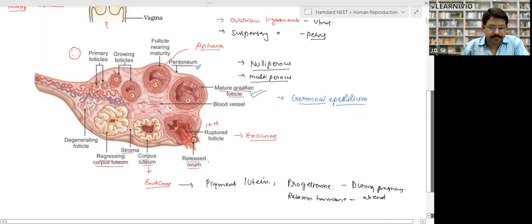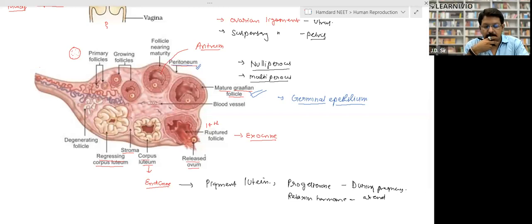Full stop. After releasing the ovum, it becomes an endocrine gland. Full stop.